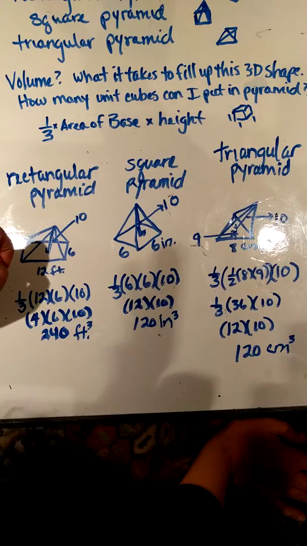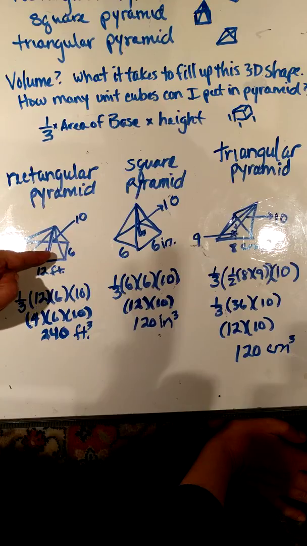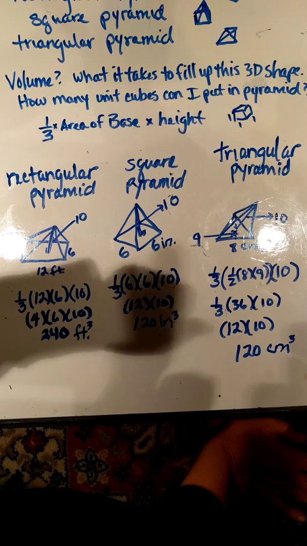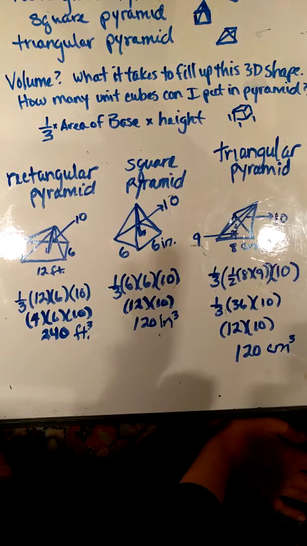The line forms a perpendicular or a right angle right at the base, right on top of the rectangle. So if you think about the top of the pyramid going straight down into the center of your rectangle, that's the height you're looking for.